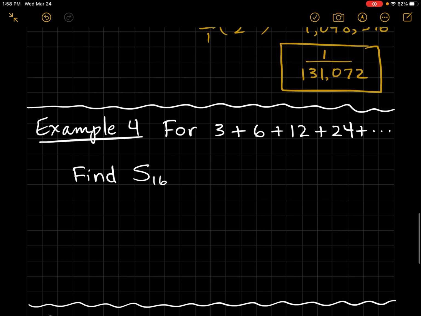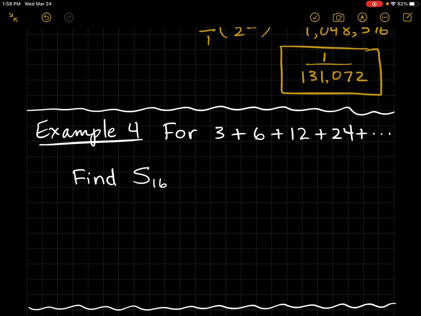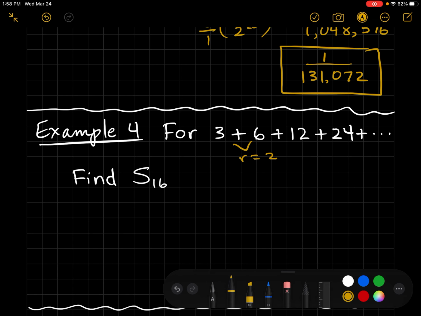Let's look at example 4. The first thing I want to do is realize that the ratio is 2. And now we want to find the sum. So I want you to write down this formula.